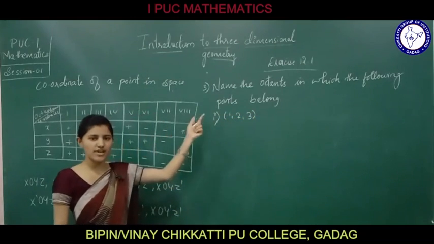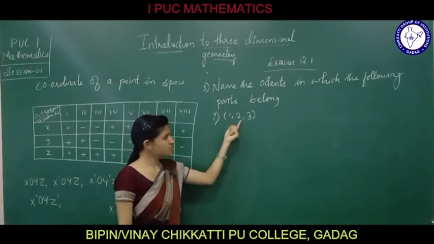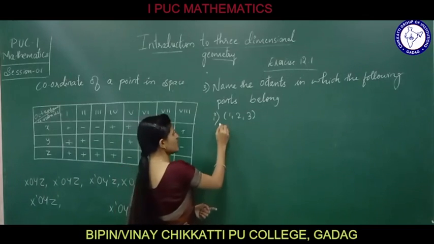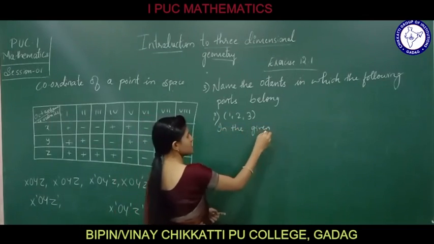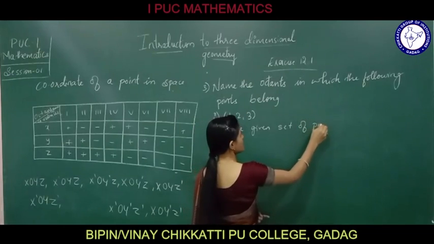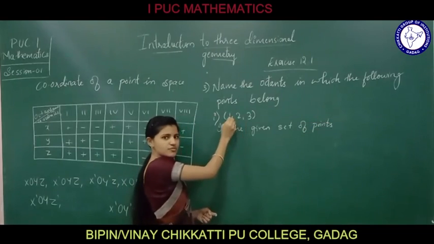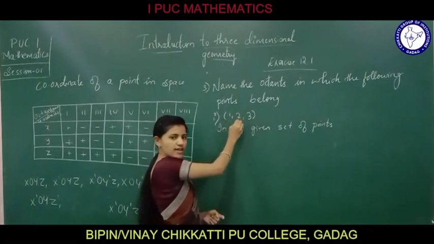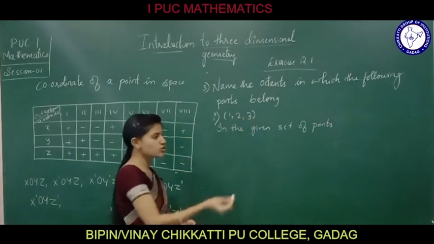See these points here. X is positive, y is positive, and also z is positive. What can we write? In the given set of points, the value of x is 1, which is positive. The value of y is 2, which is positive, and z is 3, which is also positive.